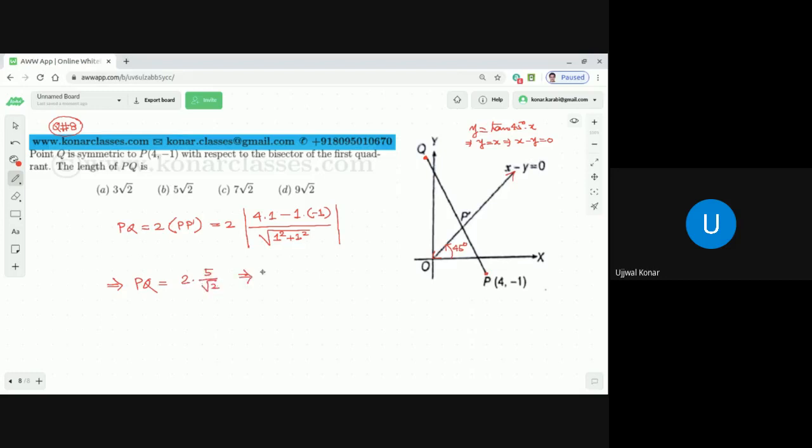That implies PQ is equal to 5 root 2. And eventually we get the correct option as option B.